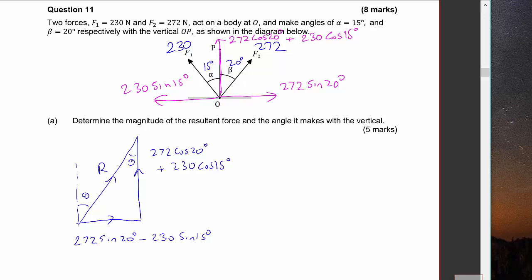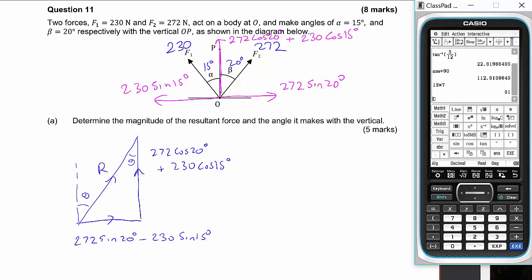So let's just make some space on the calculator, and I'm in degrees and decimal, so that's okay. So 272 times cos 20, add 230 multiplied by cos 15.